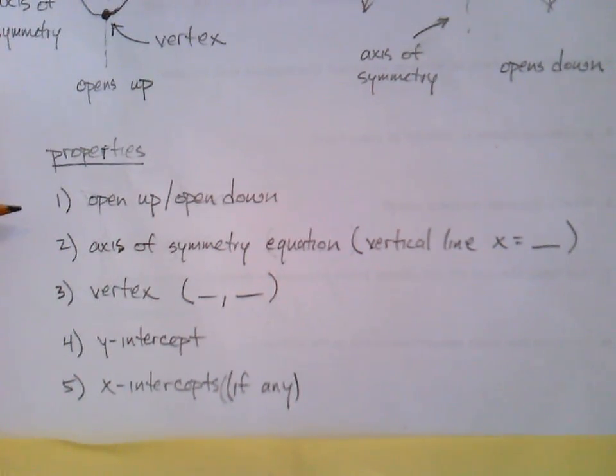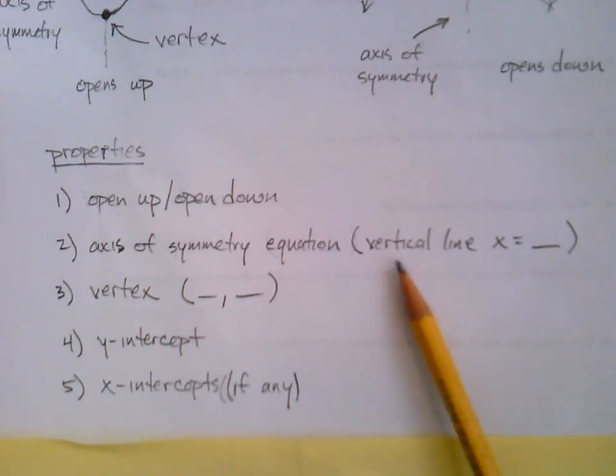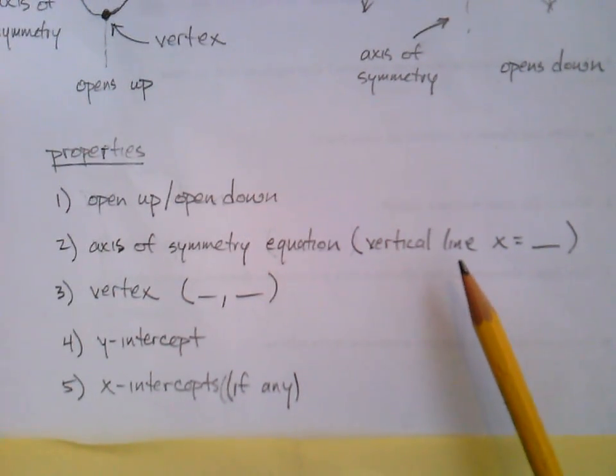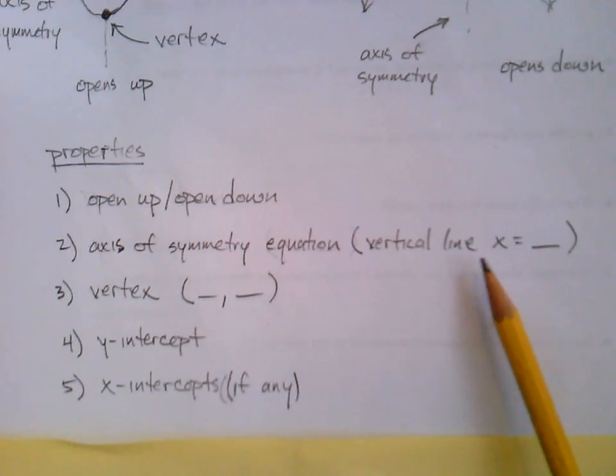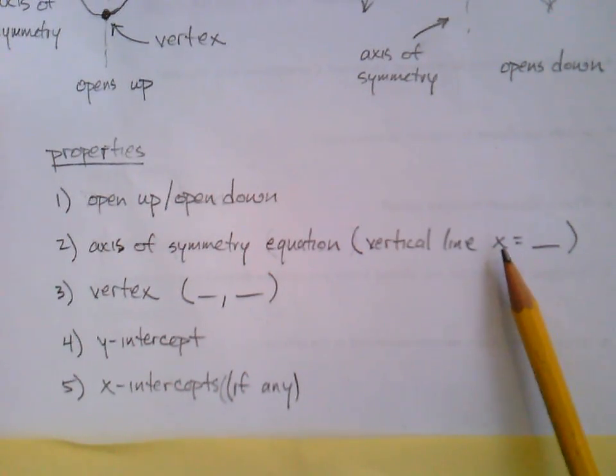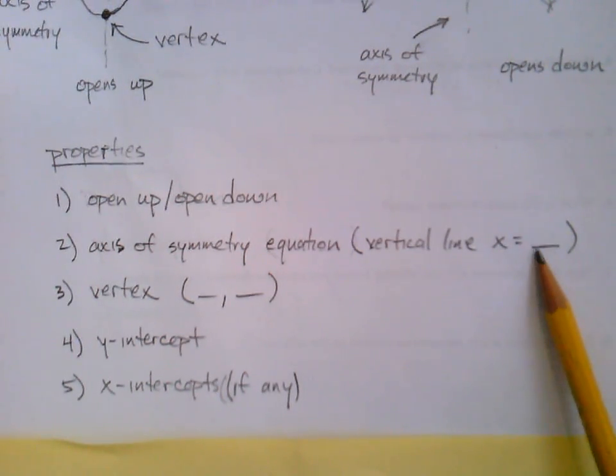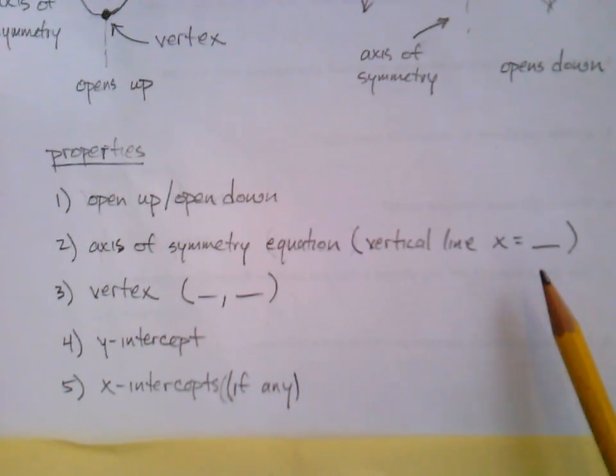Once we determine whether it opens up or down, we get the equation for the axis of symmetry. The axis of symmetry is always a vertical line. And as you might recall, a vertical line always has the equation x equals a number. So we'll have some number here, which I left as a blank.